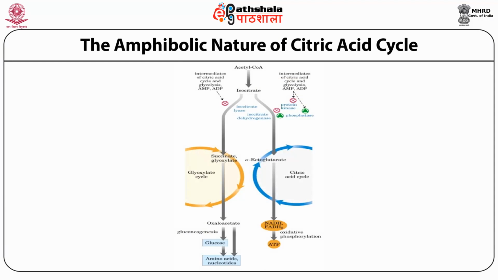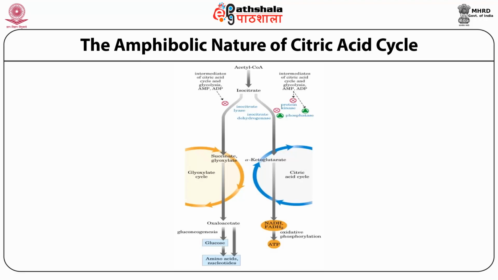This figure also shows the amphibolic nature of the citric acid cycle. Here, acetyl CoA is converted into isocitrate, and isocitrate takes two routes. Isocitrate is converted into succinate and glyoxylate, and then oxaloacetate, to glucose, to amino acid and nucleotide synthesis.